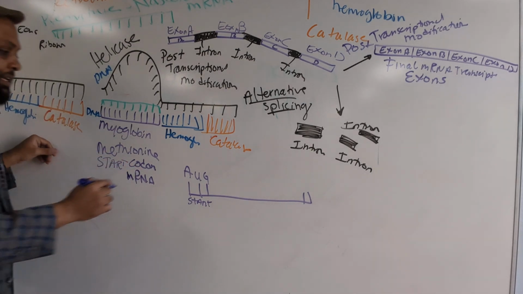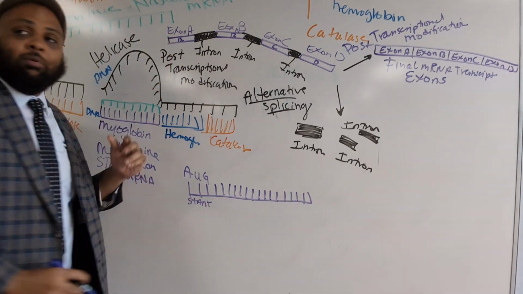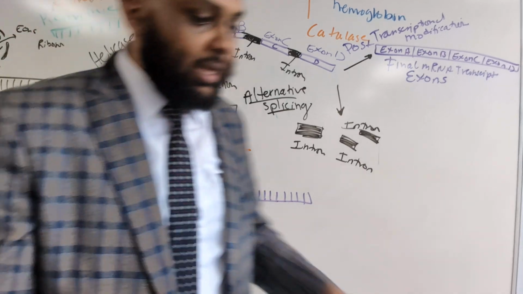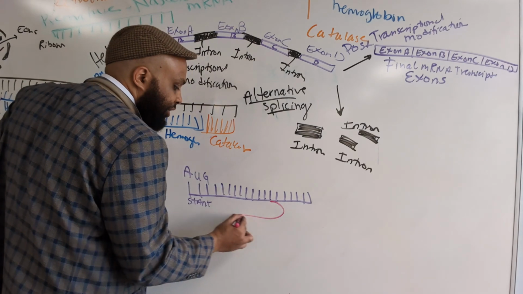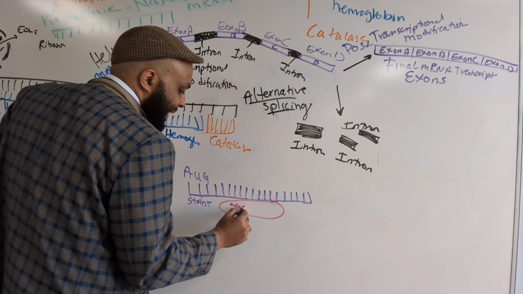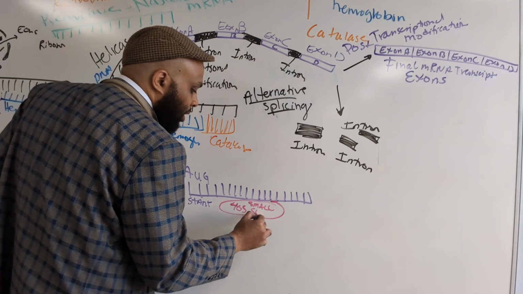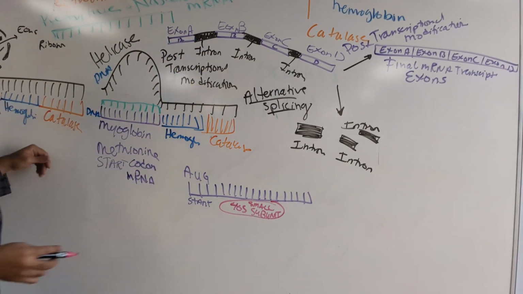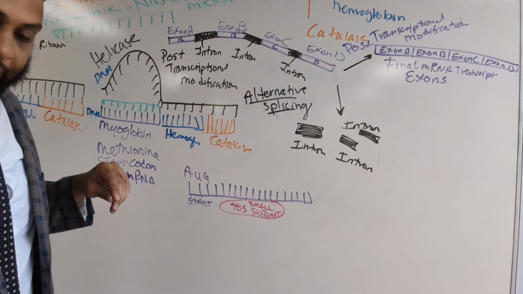So what happens is, with this final mRNA transcript, the ribosome is free floating in the cytoplasm. The ribosome has two subunits. The smaller subunit in eukaryotes is known as the 40S subunit.